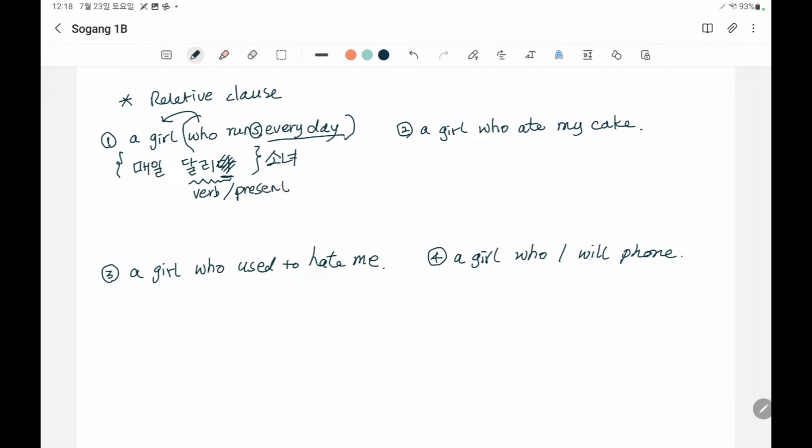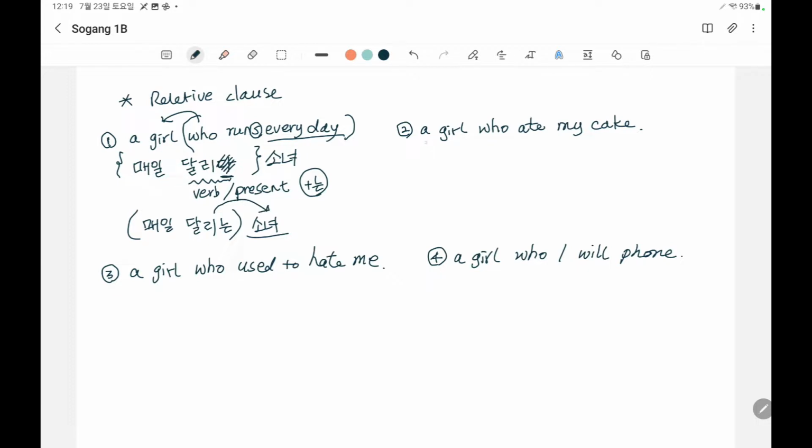What do we need? 는 말해요. 는 regardless of 받침. So, if you say 매일 달리는 소녀, then it becomes a girl who runs every day. Done?